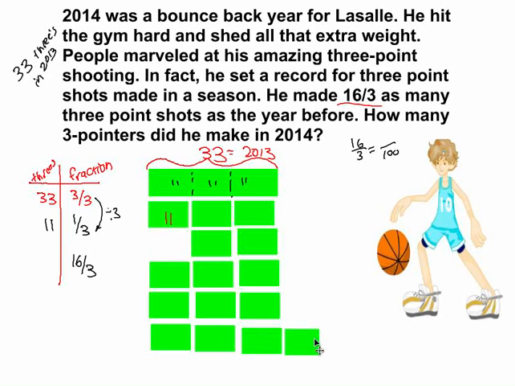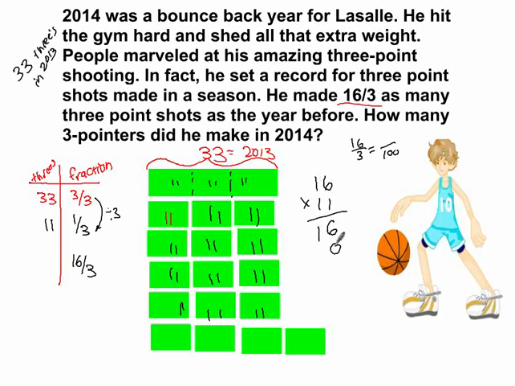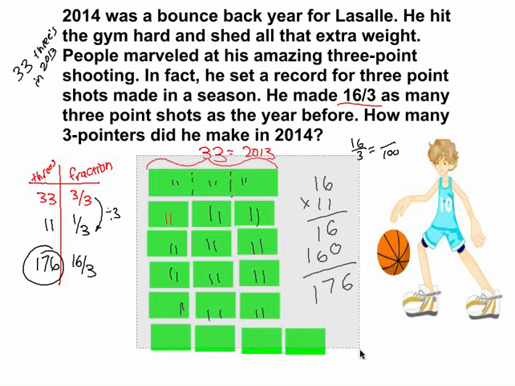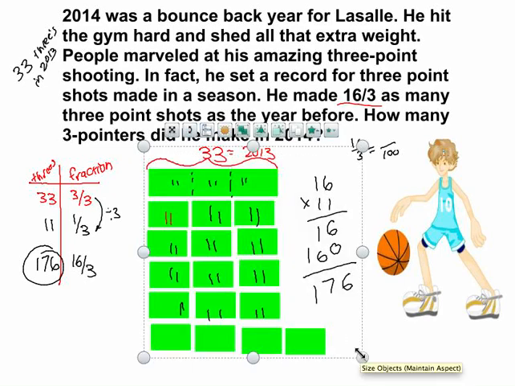So this is 16, I didn't mean to drag that one. This is 16 thirds, and each of these would be 11. So essentially what we're doing is we're taking 11 and we're multiplying it by 16. And we can do that off to the side. 16 times 11, 6, 1, 6, 1 is 176. He made 176 three-point baskets in 2014.